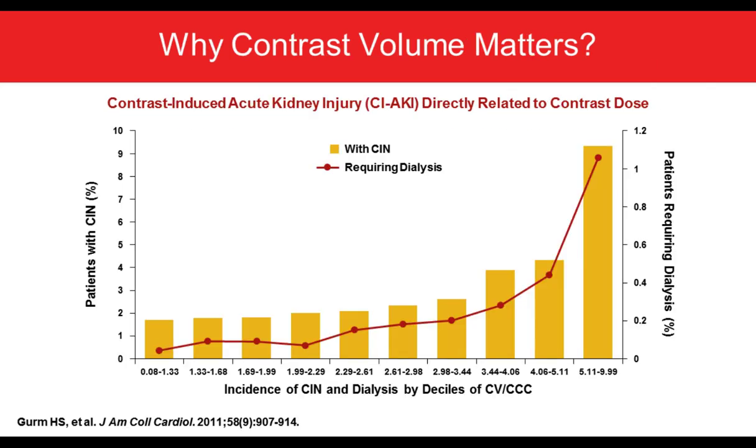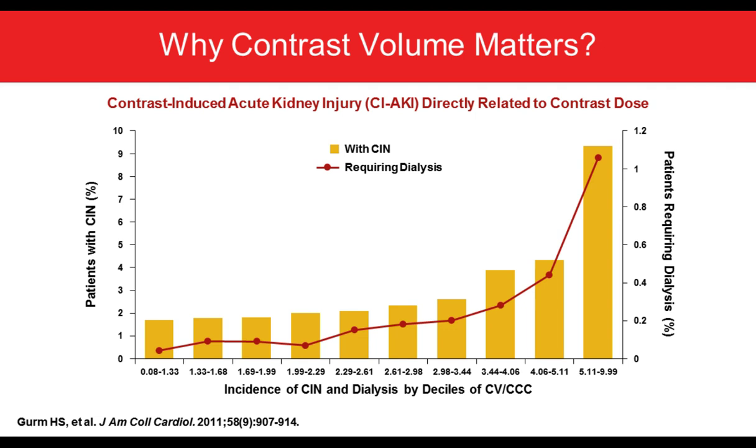So we've talked about contrast in this last slide, and about getting rid of contrast. So why does contrast volume matter? These are data from Hitinder Gurm's group, where they looked at the incidence of contrast nephropathy and the risk of dialysis by using a ratio of total contrast volume over the patient's creatinine clearance.